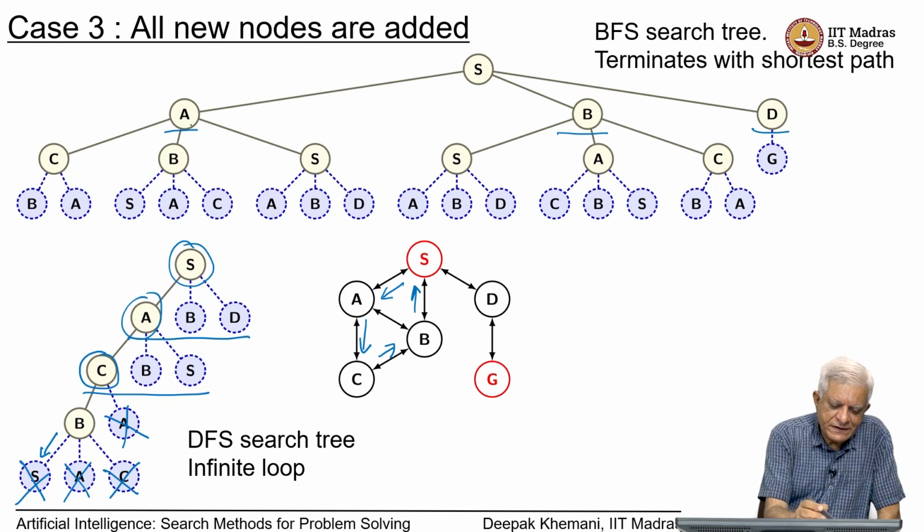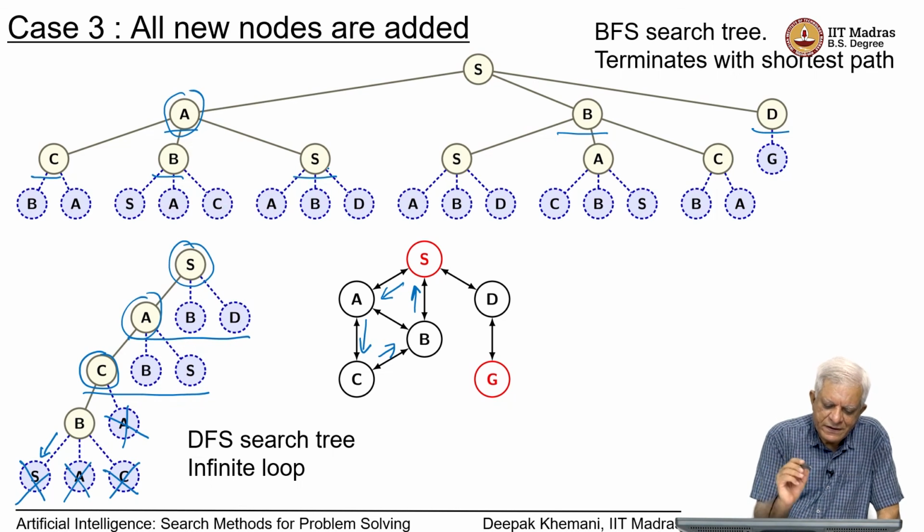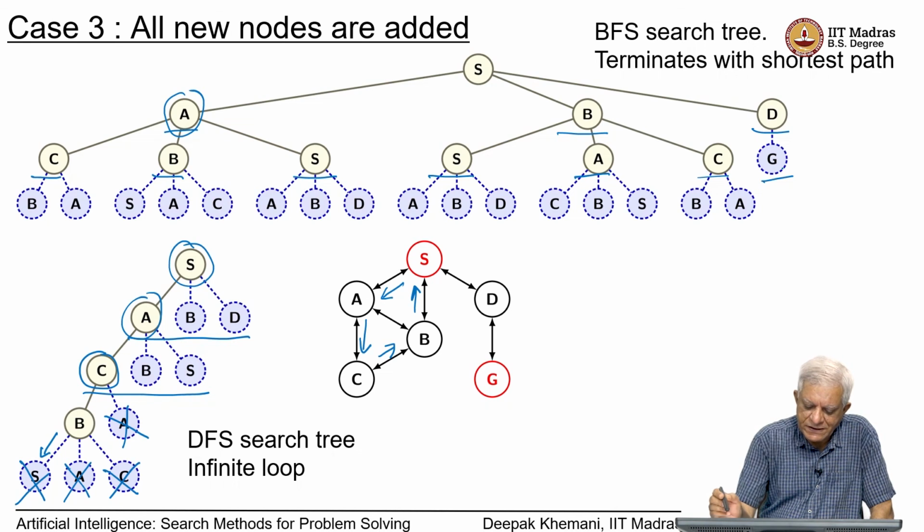So, when it inspects A, it adds C, B and S to open, that is allowed. Then it goes and inspects B, it adds S, A and C to open. Then it inspects D and it adds G to open, but it will not inspect G now.